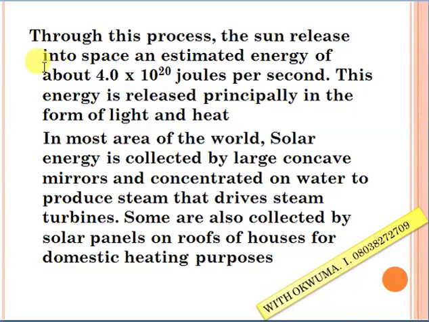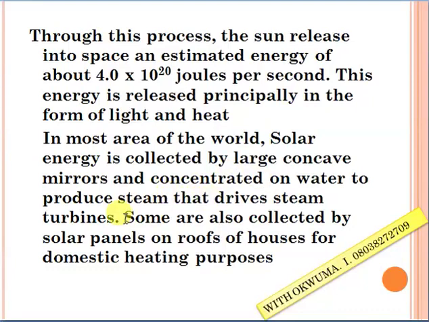Light and heat. So this energy from the sun is released in the form of light energy and also heat energy. In most areas of the world, solar energy is collected using large concave mirrors and concentrated on water to produce what? Steam that drives the steam what? Turbine.